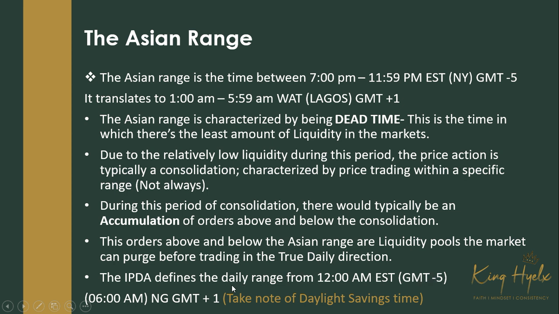So when you convert the time to our Nigerian time, it is 6 a.m., right? So that's a 6-hour difference right now. So when daylight savings doesn't apply anymore, it's going to be a 5-hour difference, which means the beginning of the day is going to move back to 5 a.m. While our Asian range over here is going to move to 12 to 5 a.m. Right?